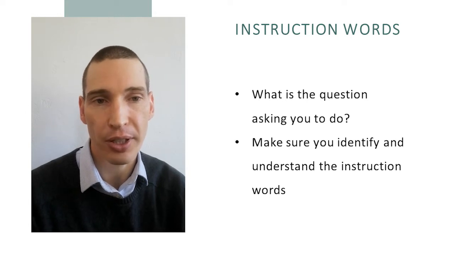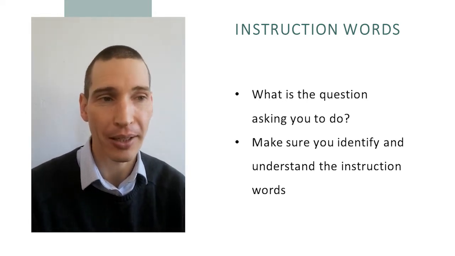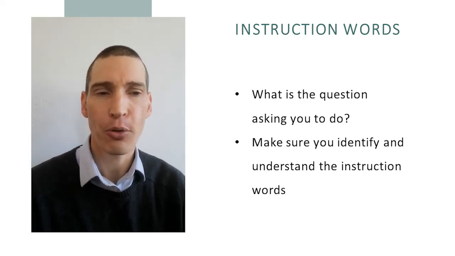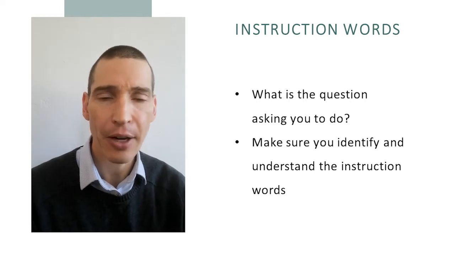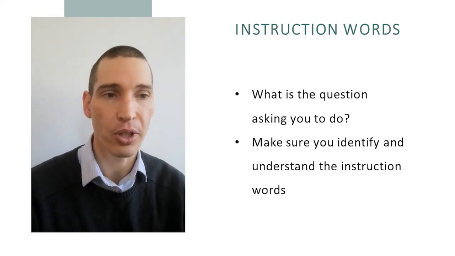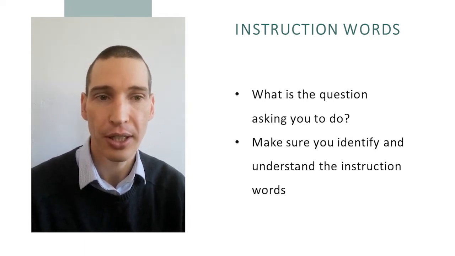Firstly, instruction words. You are rarely asked to write everything that you know about a topic. You need to identify the instruction words so that you know how to approach the essay question and how to write about the content. Correctly identifying the instruction words ensures that you are clear about what the question is asking you to do.